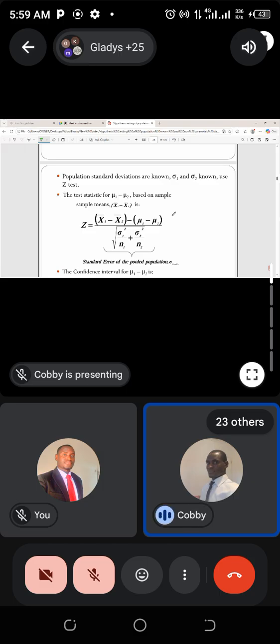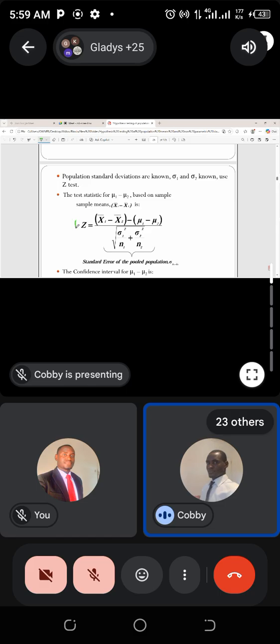If the variance is known, that is, the population standard deviations are known, deviation 1 and deviation 2, then the test statistic is going to be given by this formula.